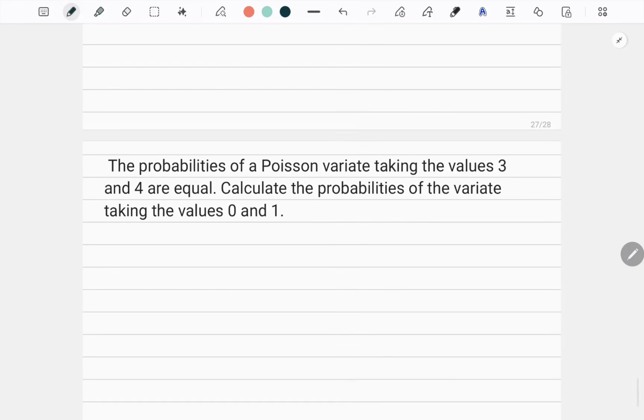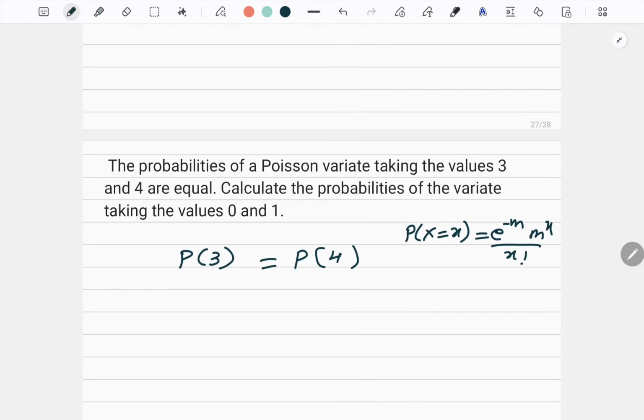The probability of Poisson variate taking the values 3 and 4 are equal. Okay, calculate the probabilities of variate taking the values 0 and 1. Now what they are saying, p of 3 and p of 4 are equal. Now what is p of 3? You write down first the probability formula. What is p of x is equal to x? e to the power minus m, m to the power x upon x factorial.